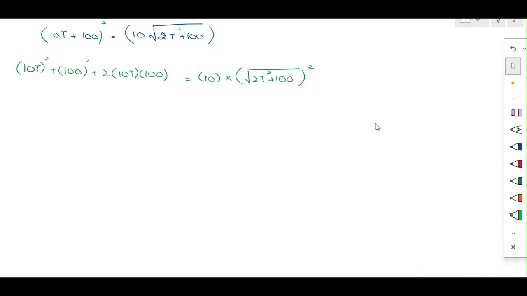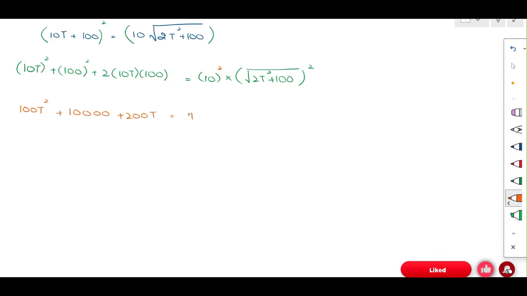All right. Okay, so 10 square is 100, so here we can say 100T square. And 100 square is 10,000 with 4 zeros. And 2 into 10 into 100 is 2000T.